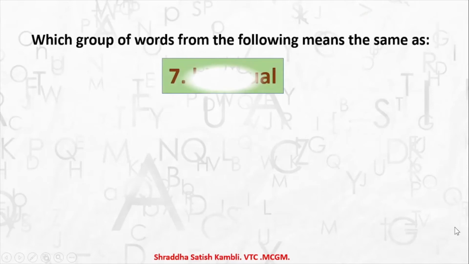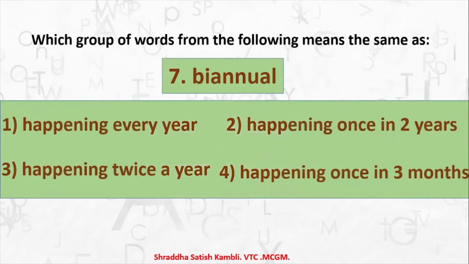So you have example 7, biannual. So biannual means what? Annual means year, we know. Biannual means: happening every year, happening once in 2 years, happening twice a year, or happening once in 3 months.